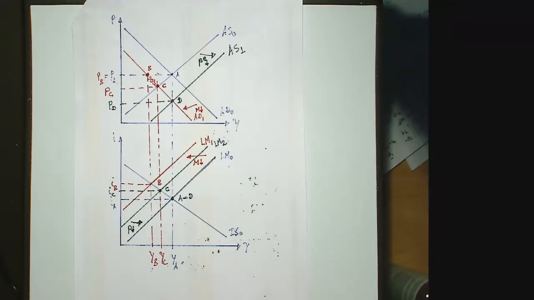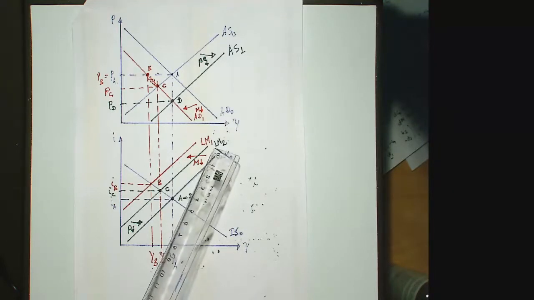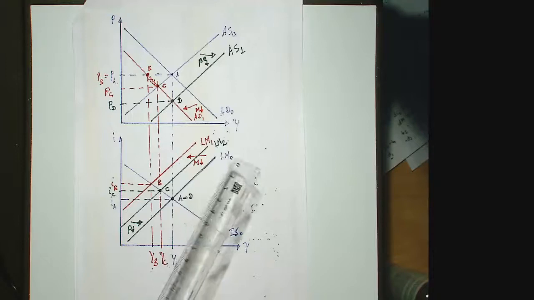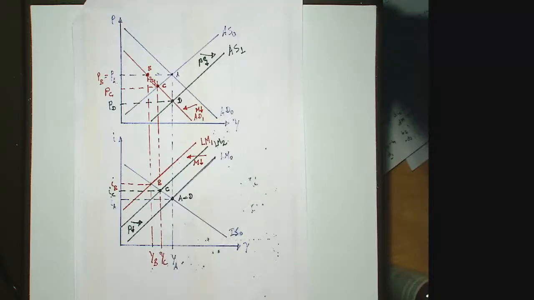The denominator decreases, so the whole term increases. So this is why we shifted LM2 to LM1, the initial position of our LM curve.